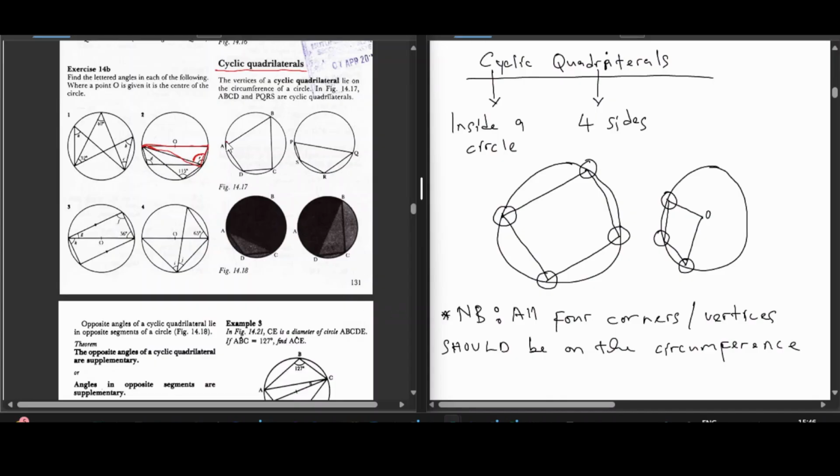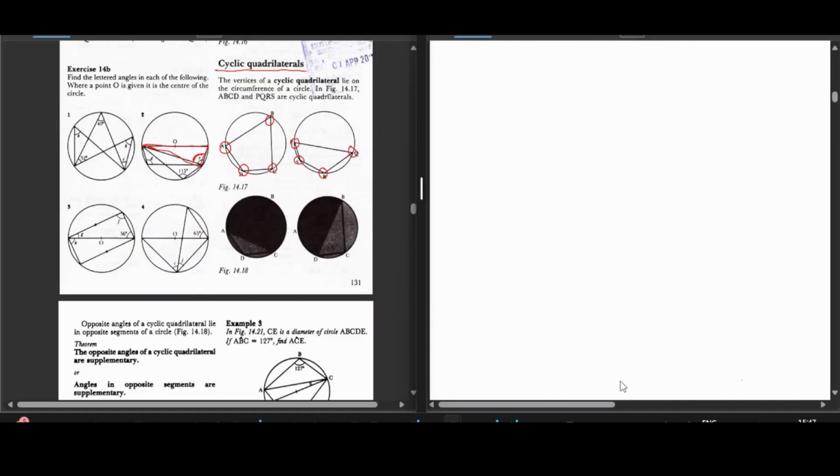For example here you see A, D, C and B. You also see P, S, R and Q. So before you can apply cyclic quadrilaterals, you should confirm that every corner, every vertex, is on the circumference. Then you can apply the following theorem.